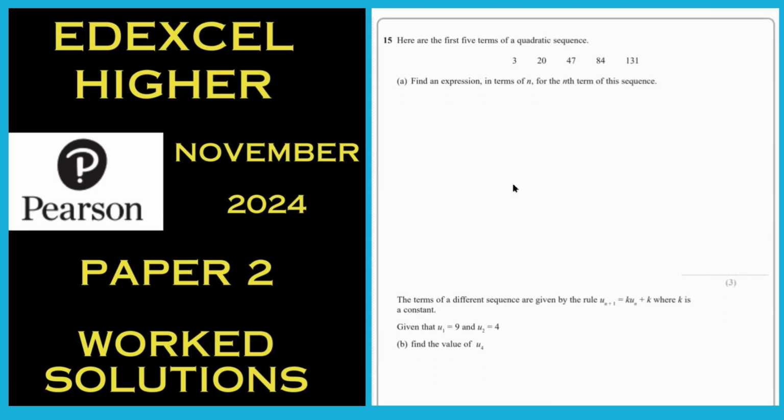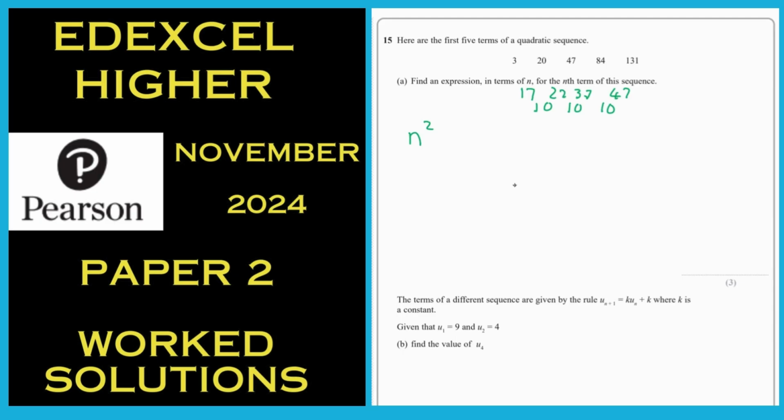Number 15, we've got a quadratic nth term. First of all, look at your differences. We've got up by 17, 27, 37, and 47. Our second differences are going up by 10, 10, 10. There's your first clue.